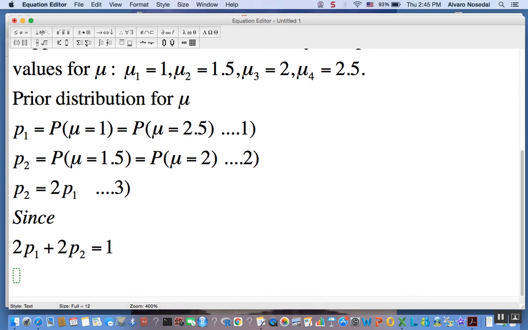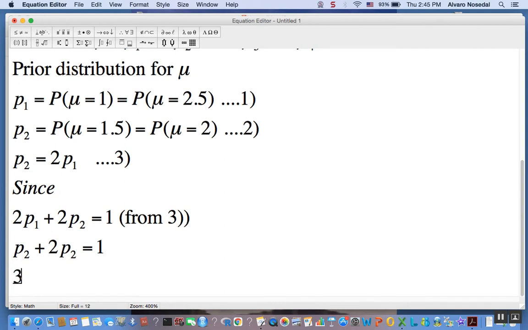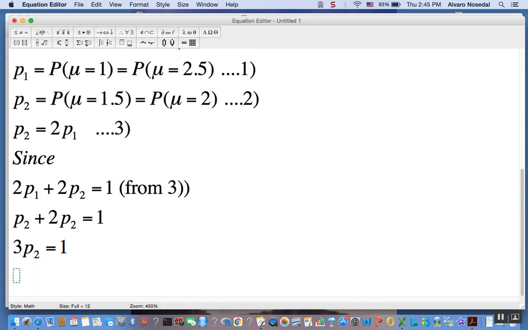Okay, so from 3, what we have here is, instead of 2p1, we're going to have p2 plus 2p2 must be equal to 1, which means that 3 times p2 must be equal to 1, which implies that p2 must be equal to 1 over 3.